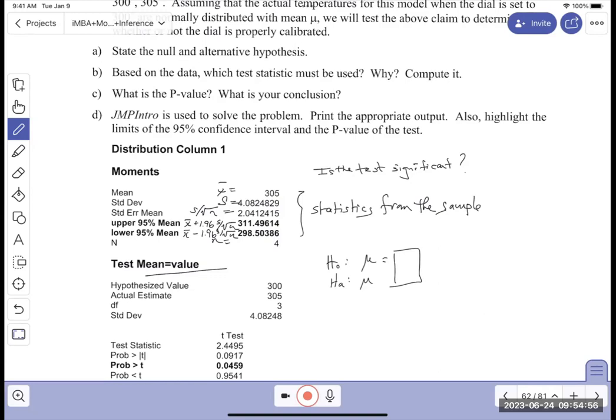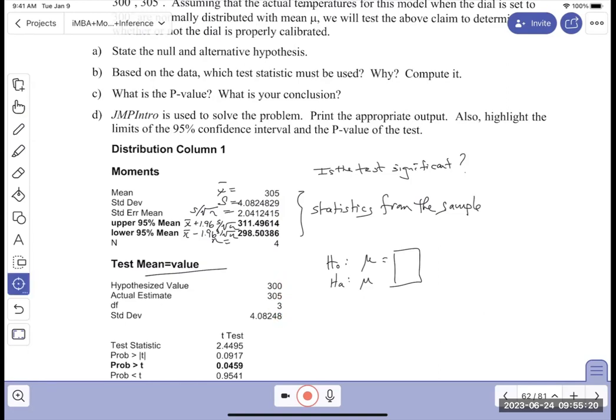What does the status quo mean? It would be the 300. So you get that from here, right?